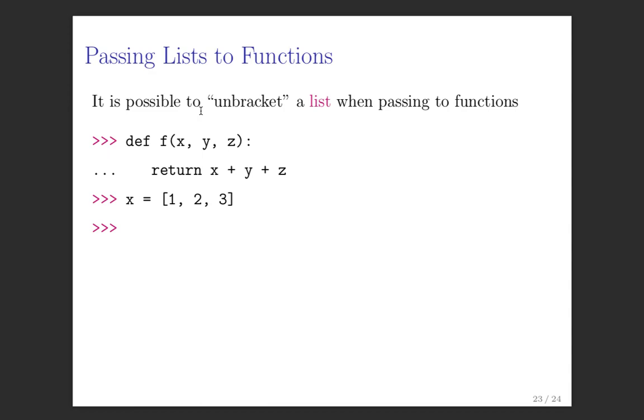The last thing I want to give you today, but don't pack up and move because it's this and then one more thing. It's possible to take the brackets off a list and change it back into a tuple. And this is useful in this scenario. Suppose you have a simple function f here, and all it does is take 3 numbers and add them together. Now, suppose you want to pass 3 numbers at the same time. You're saying, okay, I have this list, 1, 2, 3, and I want to give it to the function.